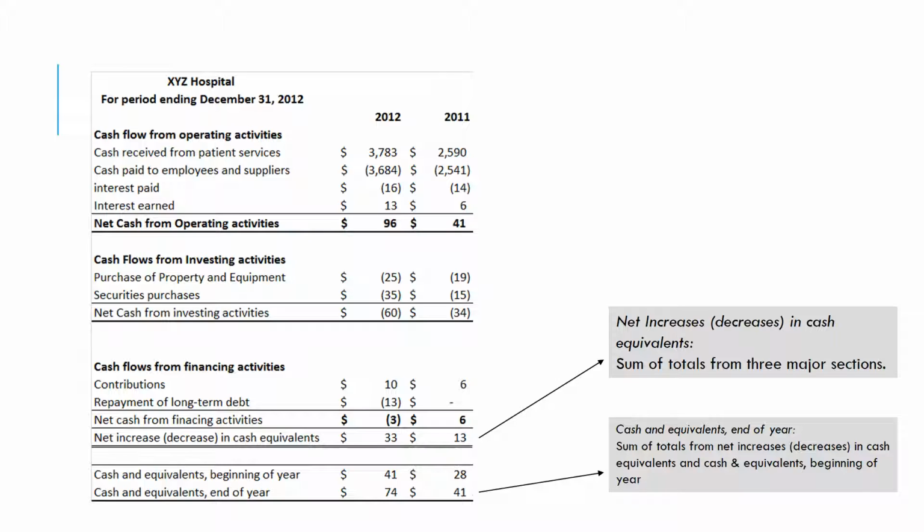Then the cash and equivalents at the end of 2012: you take the 41 and add the net increase in cash equivalents, the 33 in the line above it, so 41 plus the 33 gets us to 74 at the end of 2012.